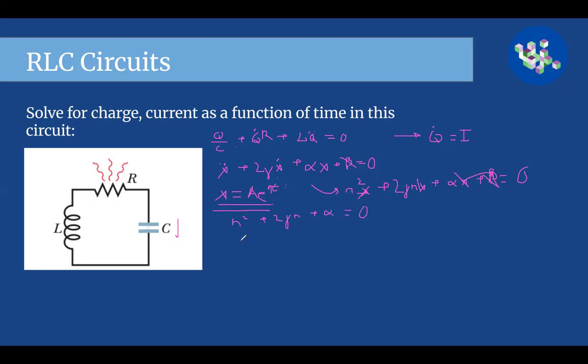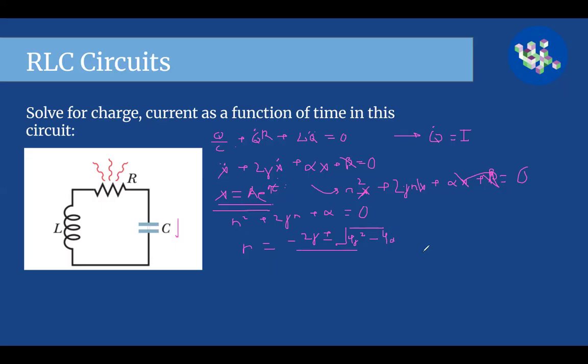Look, it's just a simple quadratic equation. So what's n equal to? We can say n equals negative 2 gamma plus or minus the square root of 4 gamma squared minus 4 alpha.